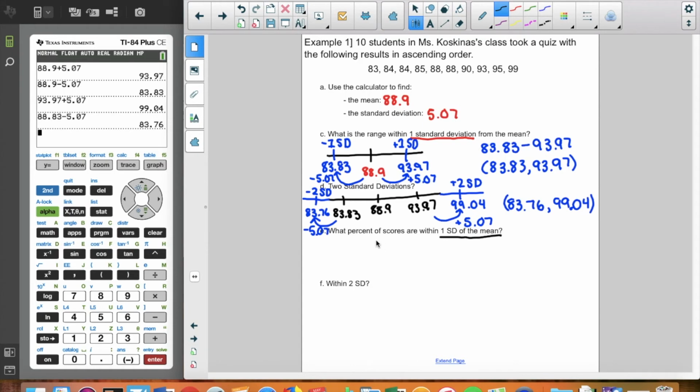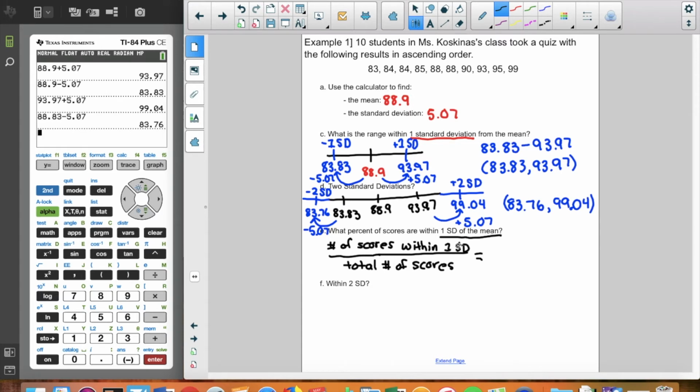So what we have to do is we have to take the number of scores within 1 standard deviation and then divide it by the total number of scores. That will give us a decimal. Then once we do that, we have to multiply by 100 to make it into a percent. But we're going to get there. But first, let's figure out what this fraction is going to be.